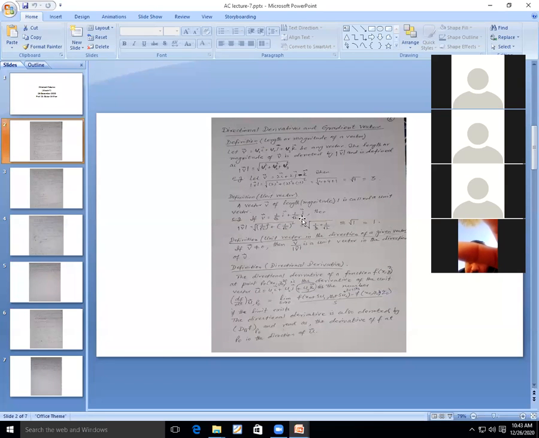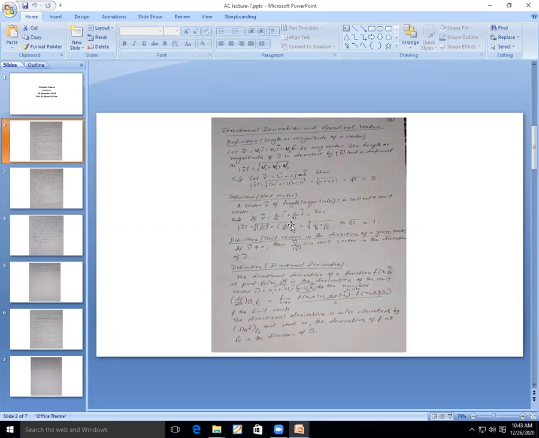For example, if we have a vector V which is equal to 1 over root 2 i vector plus 1 over root 2 j vector, then by definition of length or magnitude, absolute V is equal to square root of, 1 over root 2 whole square plus 1 over root 2 whole square, which gives you 1. So we see that this given vector V is a unit vector, meaning its length is 1.